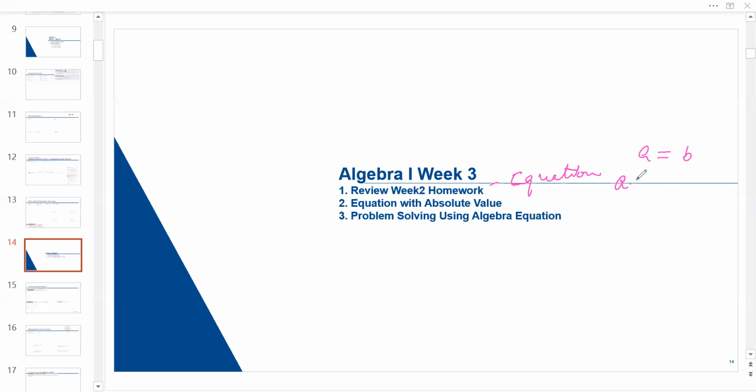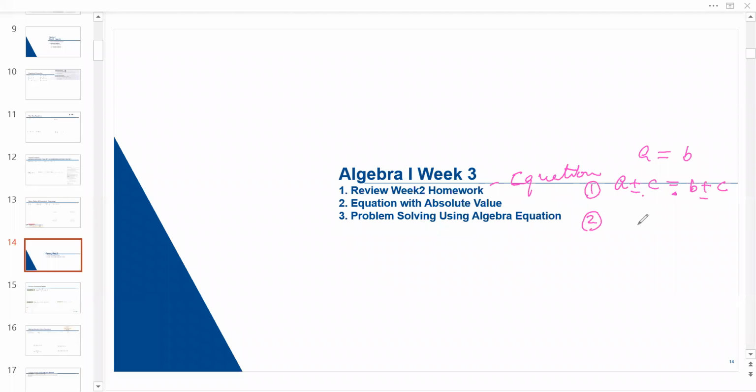When both sides add the same number, it doesn't change the equation. The equation still works. And both sides minus a number, they both work. The first rule we call the both-sides plus-minus rule.